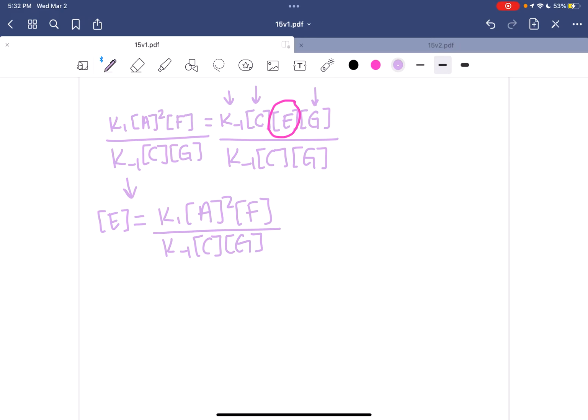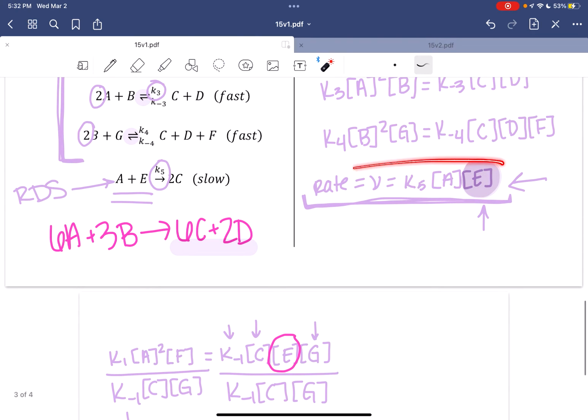So now we've isolated E here, so the next step is plugging all of this that's equal to E back into our rate determining rate law here.